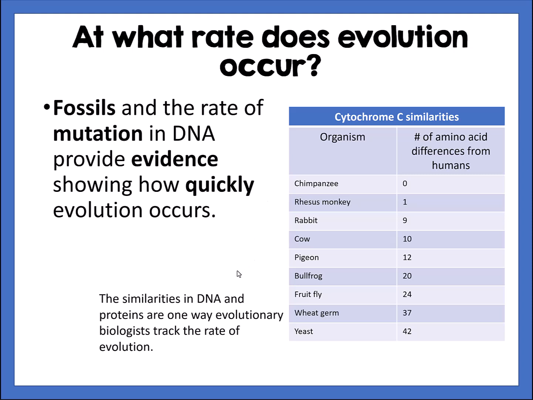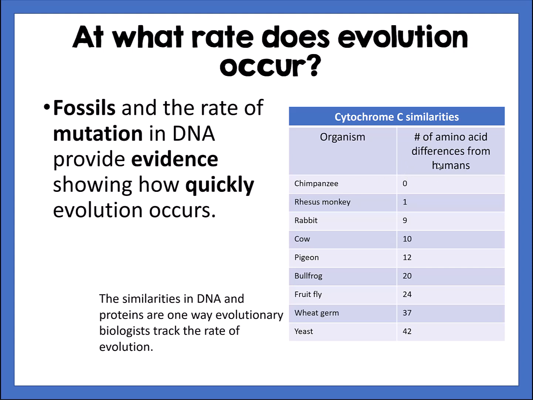So similarities in DNA and proteins are one way that evolutionary biologists can track the rate of evolution. And so they are looking here at different protein changes and how similar this protein, cytochrome C, is in a variety of different species, and comparing that to humans.